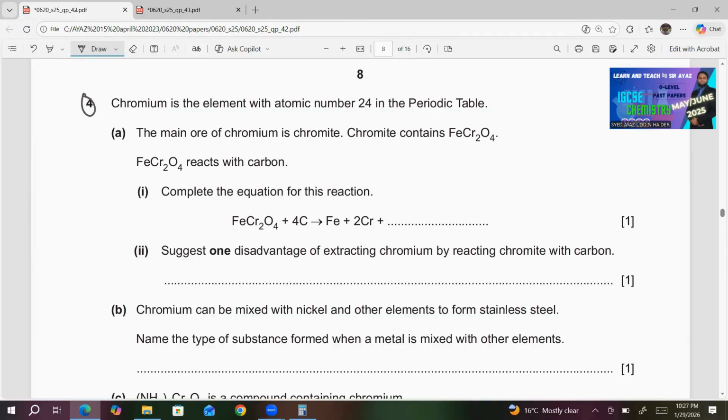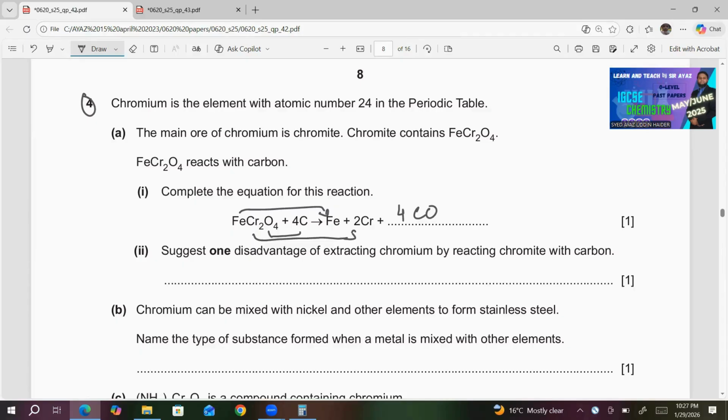You see, iron is produced and chromium is also separated. So what is left? We have carbon and oxygen. Both of these will react and form carbon monoxide. If you look at this, you will get 4 moles of carbon monoxide, CO.